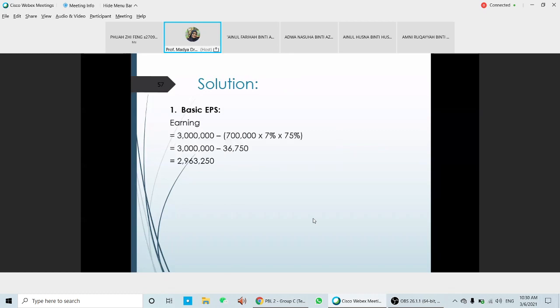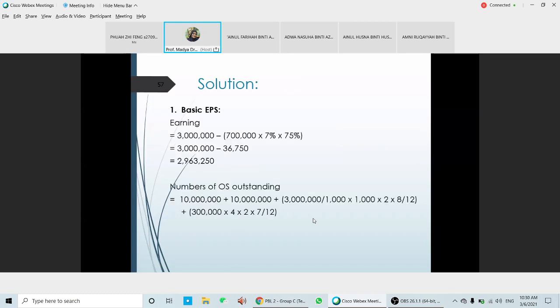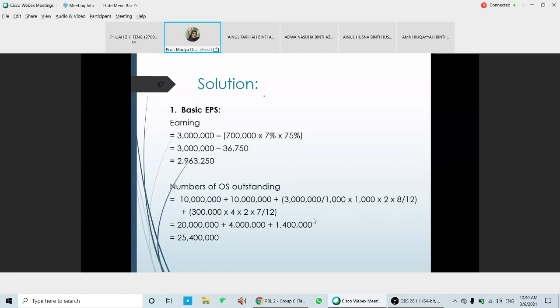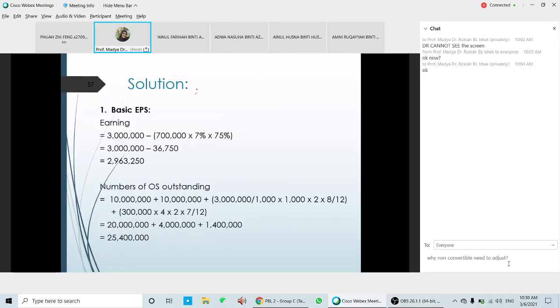For the basic earnings per share here, we need to look at the changes in the profit. Remember that to calculate the basic earnings per share, it is the net income minus preference share dividends, divided by the number of shares. For the preference shares, you have 1 million. Of that 1 million, you convert 0.3, or 300, and the one that is not converted is 700.